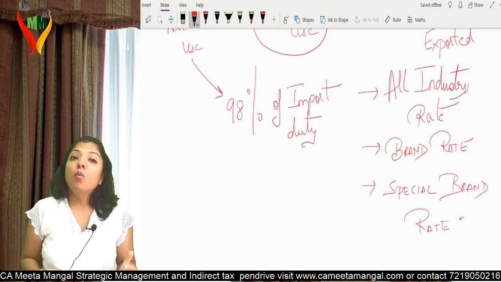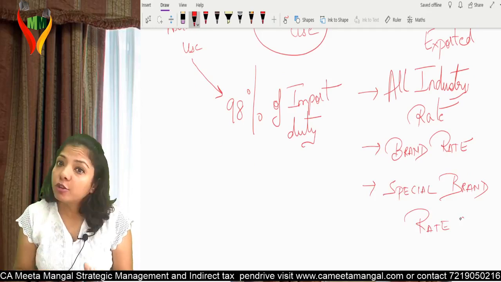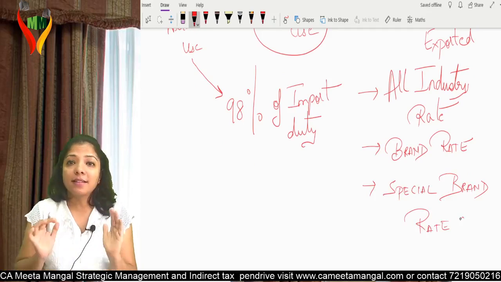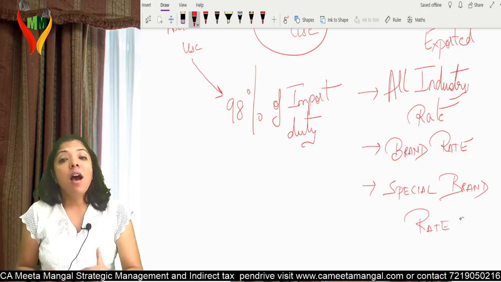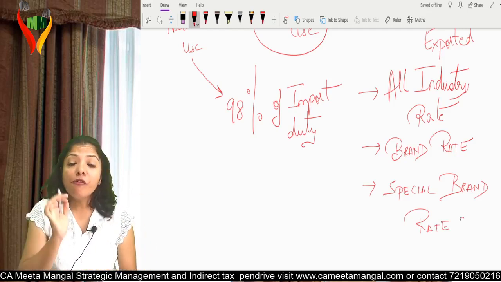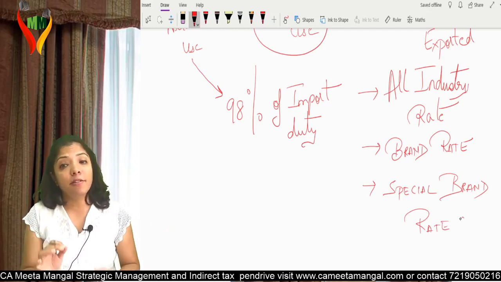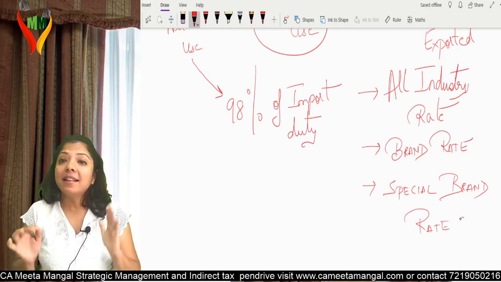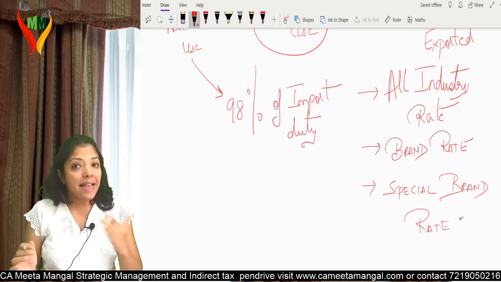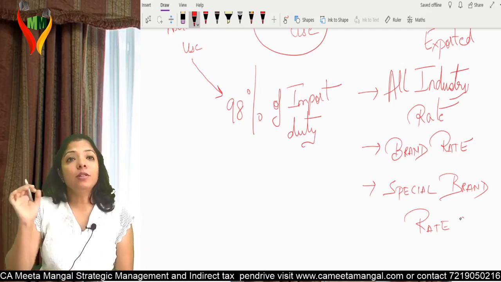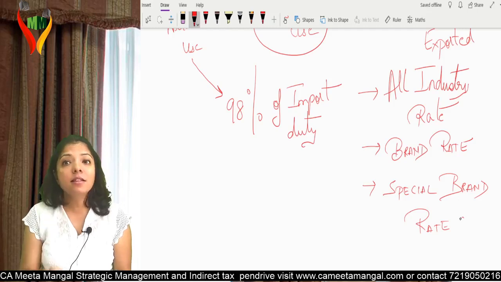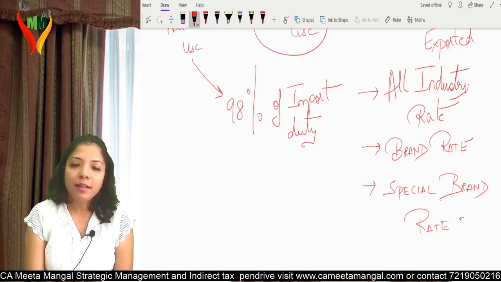I hope you're with me. When which rate will come into picture, we'll be studying as per the section. Am I clear? So here in section 75, form is 100% getting changed, but in section 74, you are exporting it as such. But yes, there are a few conditions. You need to satisfy all the conditions to be eligible for duty drawback. Am I clear? Can I go ahead?